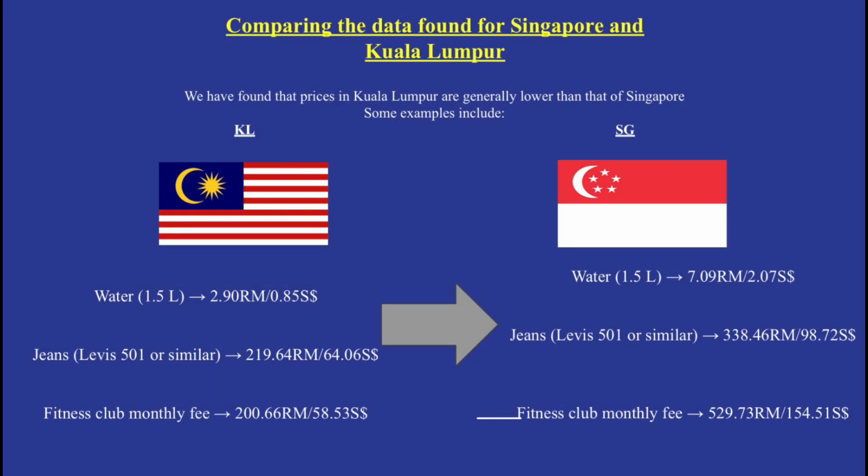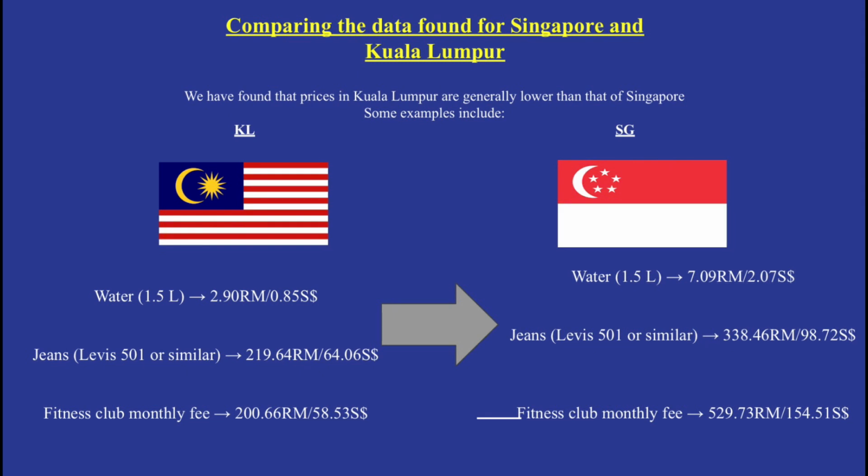Comparing the data found for Singapore and Kuala Lumpur, we have found that prices in Kuala Lumpur are generally lower than that of Singapore. Some examples include: in Kuala Lumpur, 1.5 litre of water costs 2.9 RM, which is 0.85 Singapore dollar. In Singapore, 1.5 litre of water costs 7.09 RM, which is 2.07 Singapore dollar.